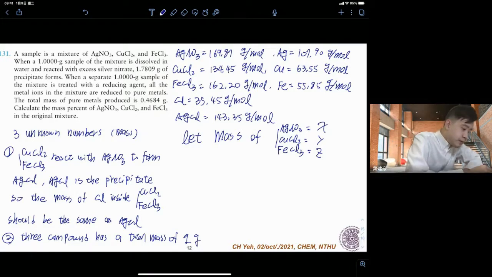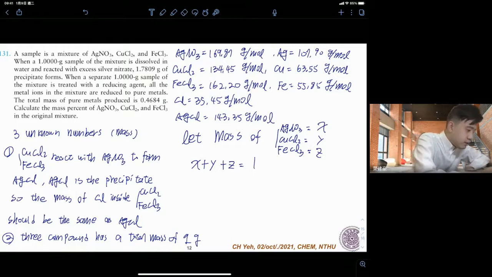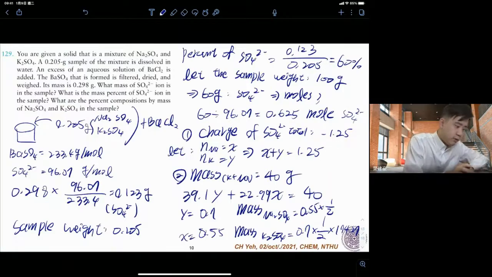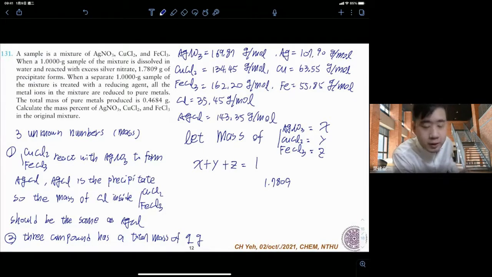So the first one we can set up like this: x plus y plus z equals 1. Secondly, we know the total mass of the silver chloride over here. So we can infer how much chlorine's weight is inside the silver chloride.